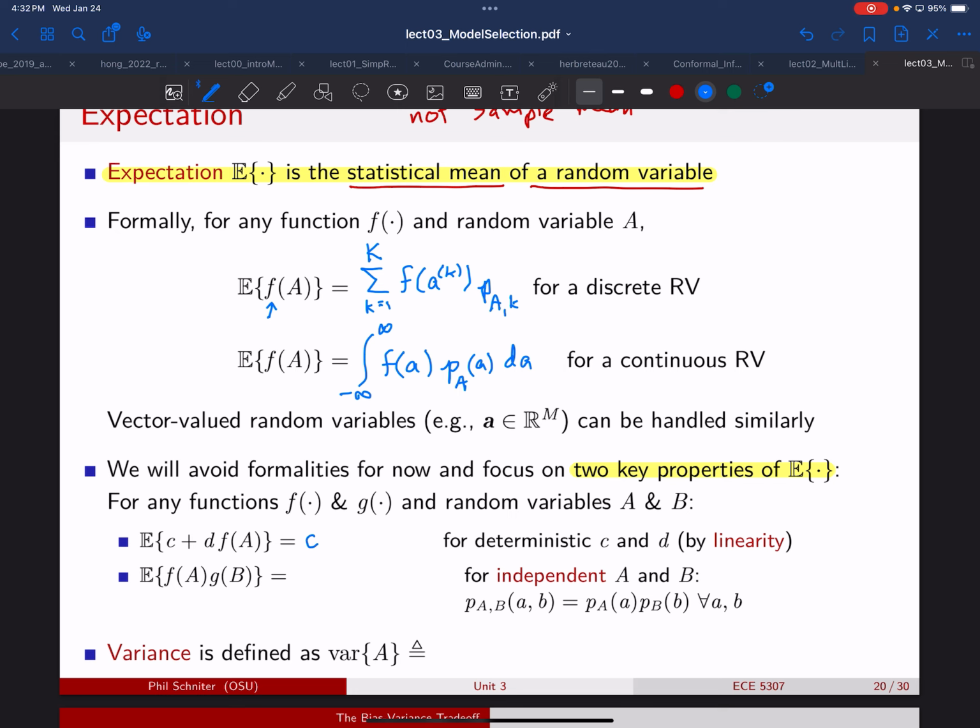Now, you also have this other term by linearity of the integral, with g of a inside here. But you can pull the d out to the front, and then you just have the f of a that remains. So you get d times the expected value of f of a. Okay, so that's the first rule. That's the linearity rule.